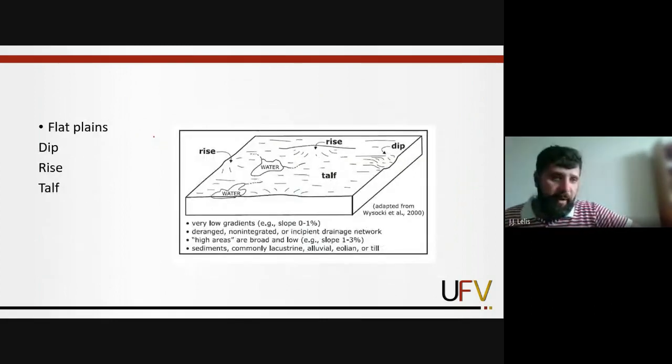We can describe soils in flat plains, and it's quite common in dry areas to describe these flat plains. And in savannas, it's also quite common. We can find some rises, some areas that are high in these flat plains.